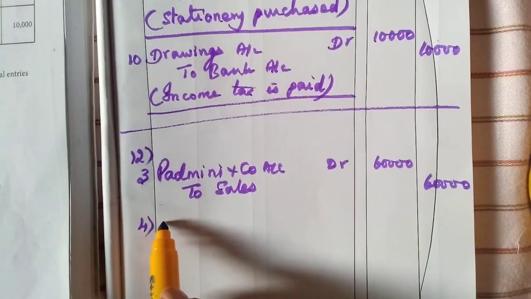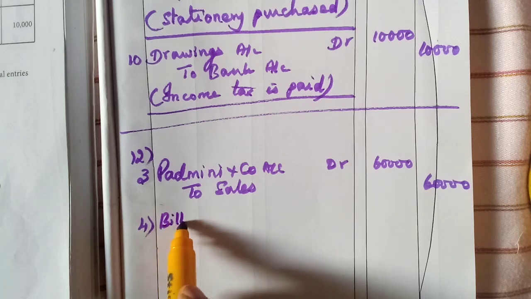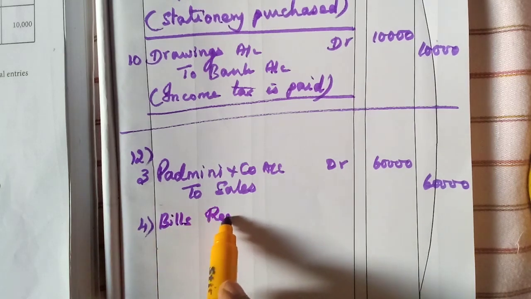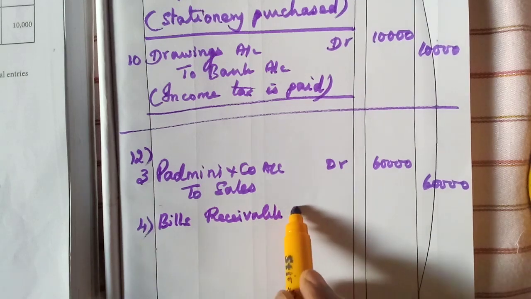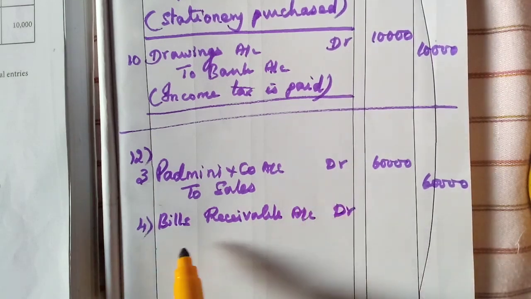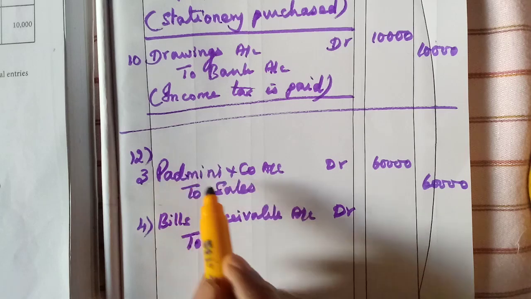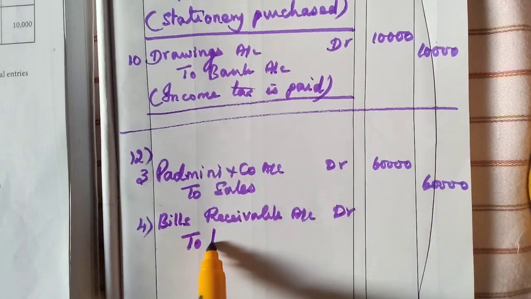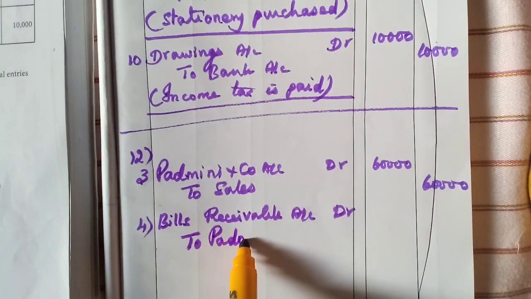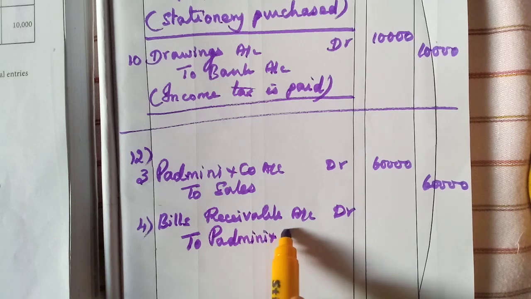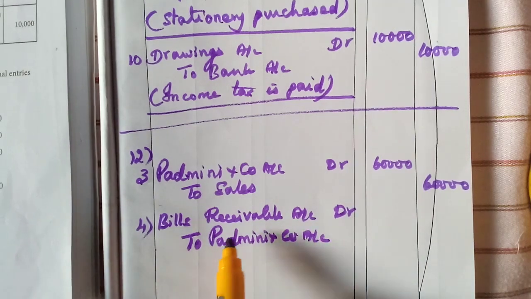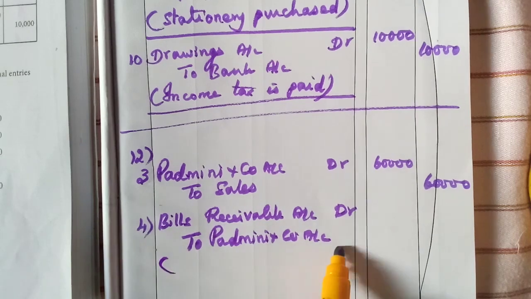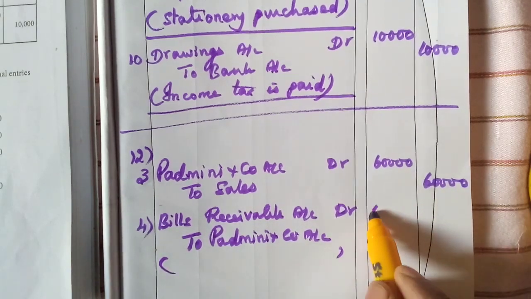That means we have received the bill. Bills receivable. This bill we will receive the money later, like a check. Bills receivable account debtor to Padmini and Co. account should be credited. Padmini and Co. account credit. Okay, you are right. Bills received from Padmini and Co., the same amount 60,000.